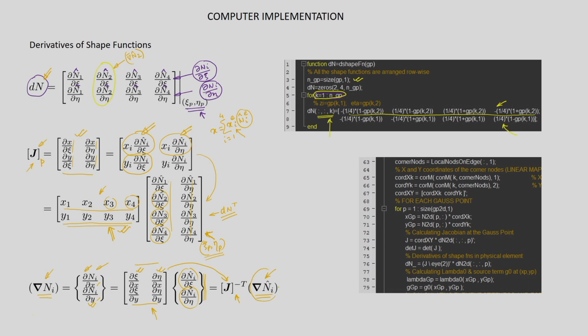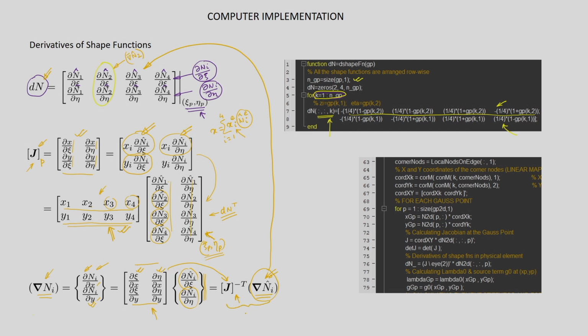And what is this? If I have to evaluate this at a particular Gauss point, I have to look at the corresponding ith column of the Dn matrix. If I look at the ith column of the Dn matrix, that is basically the gradient of Ni hat, which we have already calculated at the Gauss point, and the Jacobian also we have calculated at a particular Gauss point.